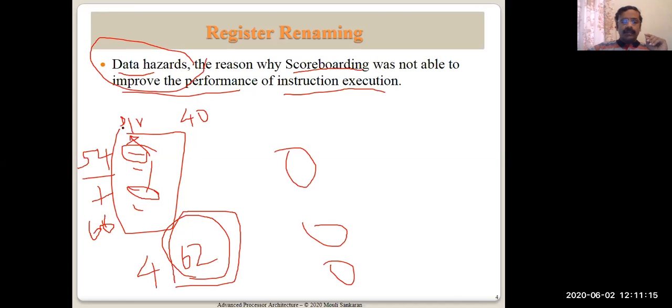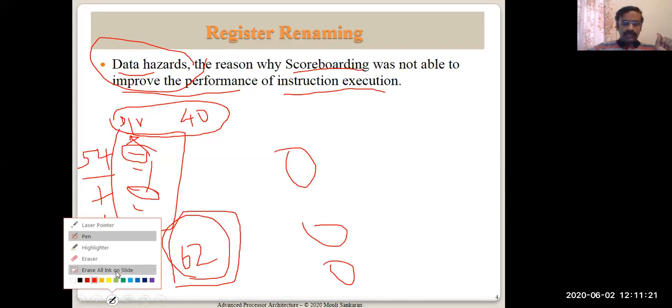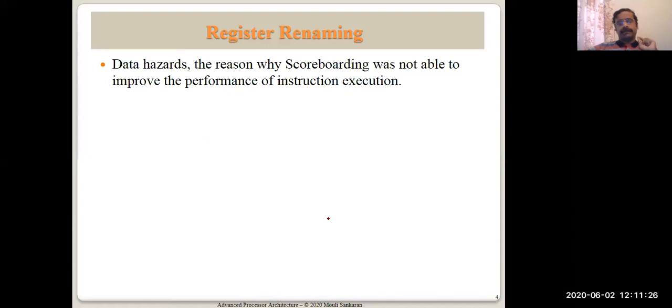So effectively, till the div was completed, we were not able to do anything at all. Because of this, we were not able to make use of the superscalar architecture we built, because of these data hazards. Can we do something so that the dependency caused by those data hazards between multiple instructions is removed?